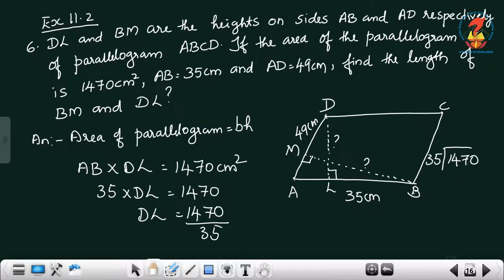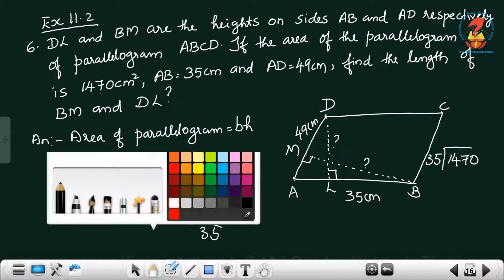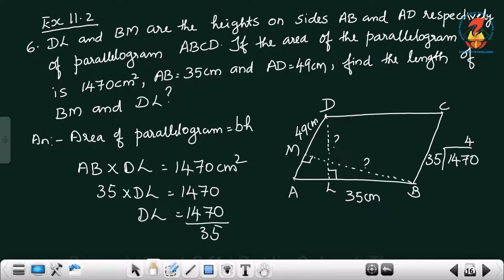Here, 35 into 4 is 140. 7, bring down 7, 70. 70, how many times? 2 times. DL equal to 42 centimeter.